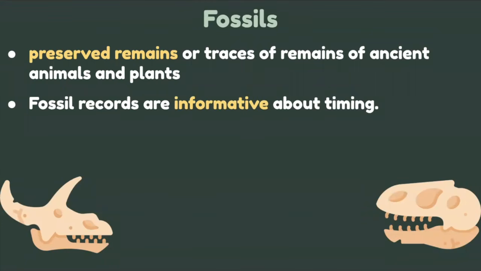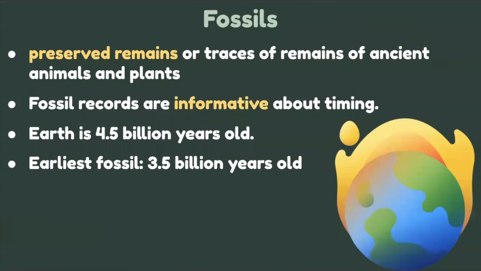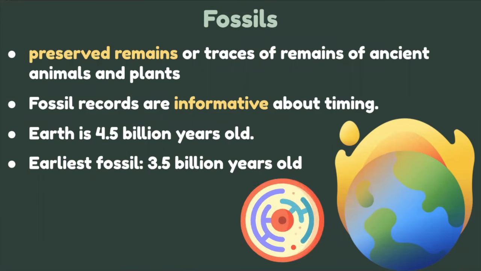Remember that the Earth itself is about 4.5 billion years old, and for the first few hundred million, it was far too hot to support life. The earliest fossil evidence for life is about 3.5 billion years old and comes from some of the oldest rocks on the planet.